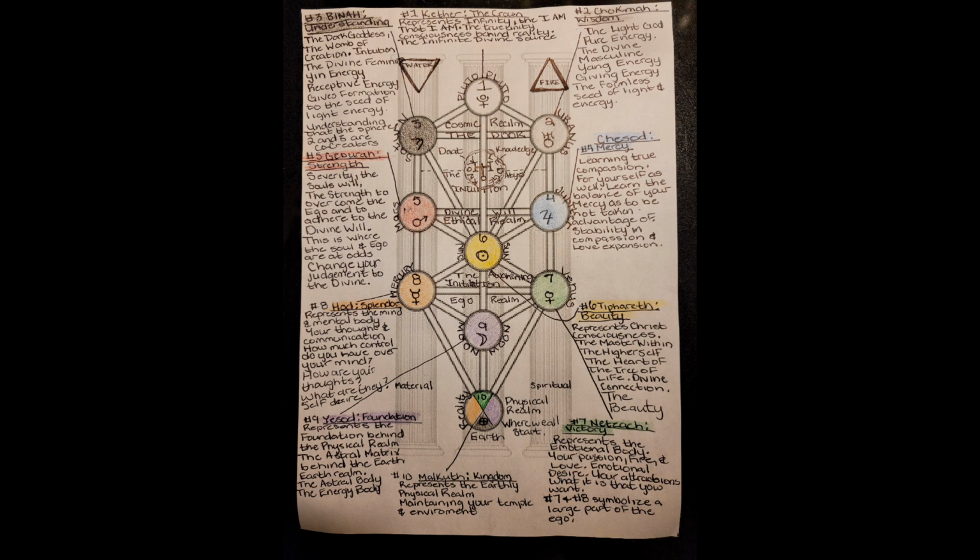This represents Christ consciousness, the master within, the higher self, the heart of the tree of life, divine connection, and beauty. So this Christ consciousness is the ability to see beauty in all things and acknowledge the connection in all things.